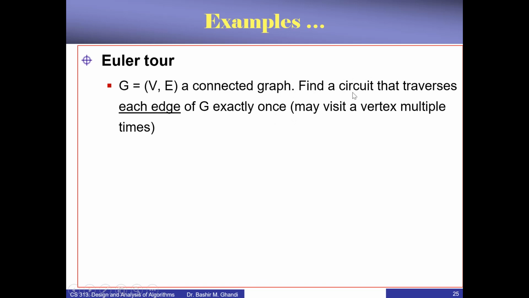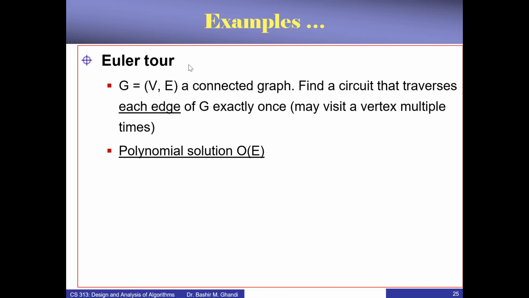Now because it is a circuit, if we remember the definition from the data structures course, we must visit each edge only one time, but we can visit a vertex more than once. If we have that, it is called a circuit. So that circuit, if it passes through all the edges, then it is called an Euler tour.